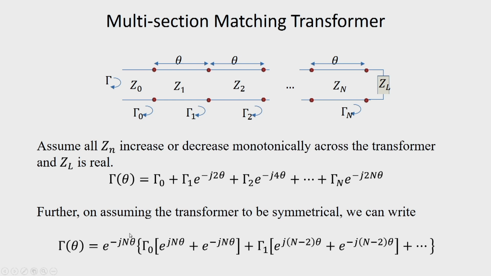So, if we assume this type of symmetry, then we can write gamma theta e to the power j n theta equal to gamma naught e to the power j n theta plus e to the power minus j n theta plus gamma 1 e to the power j n minus 2 theta plus e to the power minus j n minus 2 theta plus and so on.